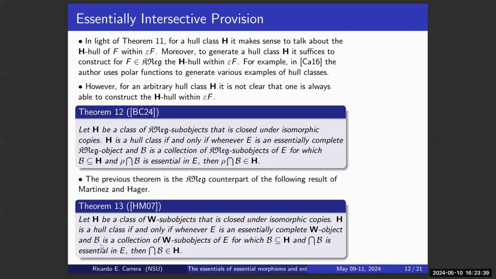Again, this is a Hall class if and only if, whenever E is an essentially complete W object, and B is a collection of W subobjects of E contained in a Hall class, and the intersection of B is essential in E, then this intersection is back in the Hall class. So this is basically that result, but for compact regular frames. Theorem 12 is the frame counterpart of this result.